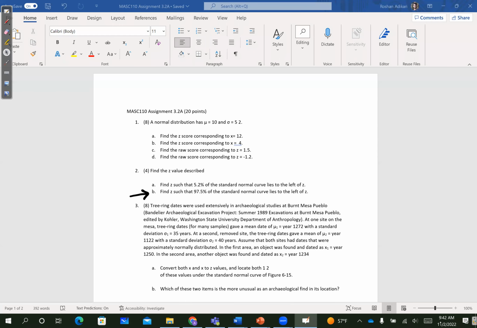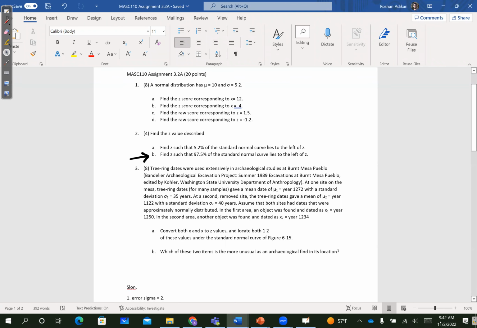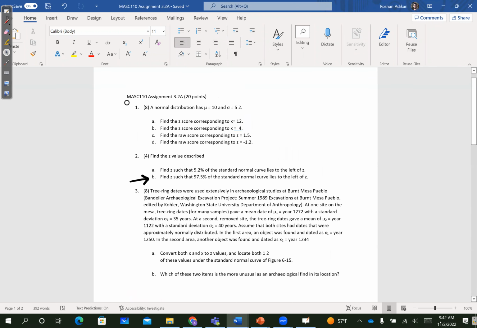Okay, anyway, number 3, well, read the question. There are two sets of information. First read it, right? But it's not that hard again, though there are some typos. Convert both x1 and x2 values to z values and then locate them.